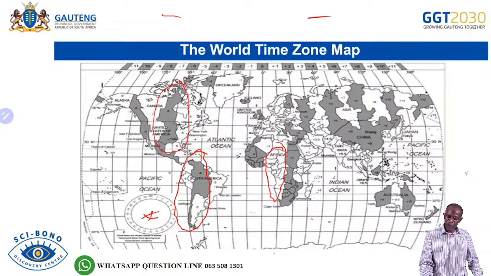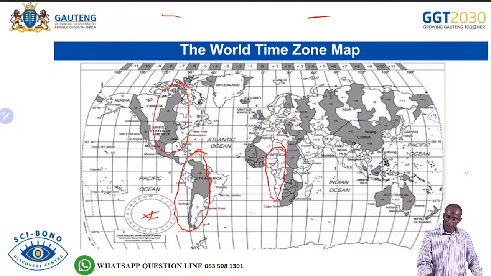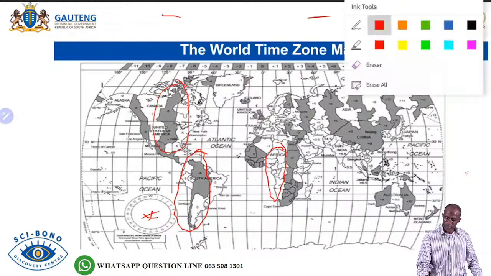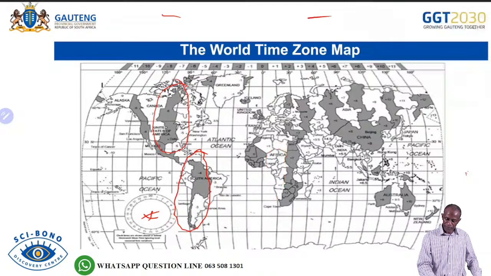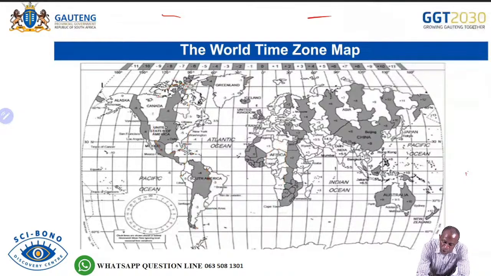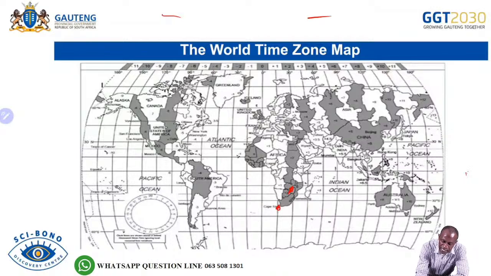I'm going to also reflect on Cape Town as opposed to Johannesburg. As you look in terms of position, Johannesburg is located somewhere here, and Cape Town is right at the edge of the map and very closer to +1, whereas Johannesburg is closer to +2.